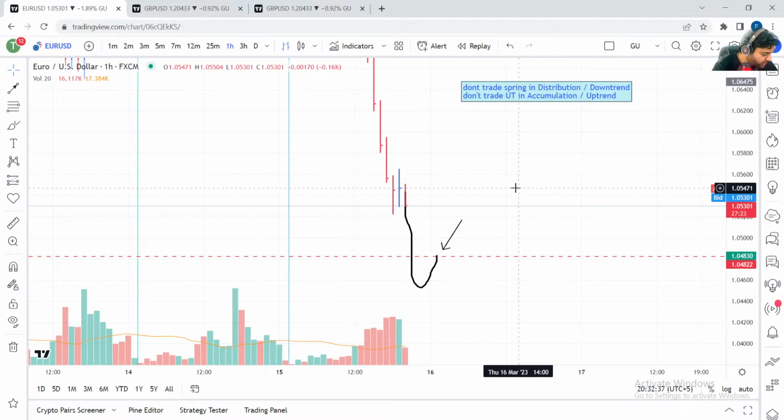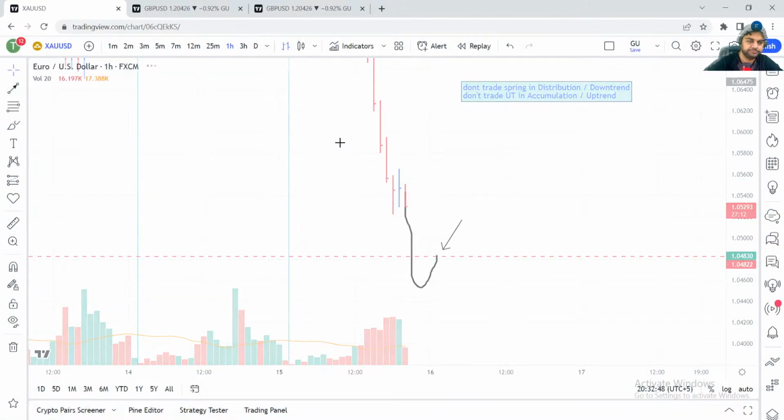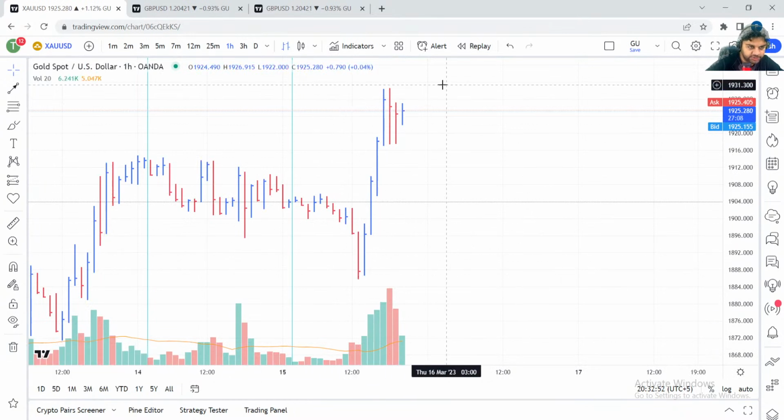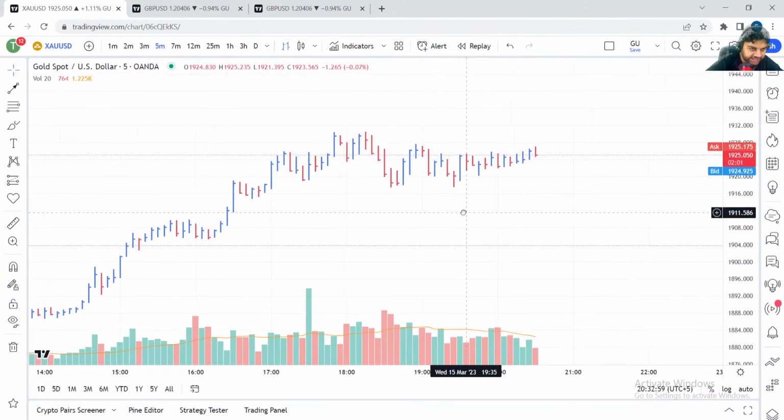So I think we are done with our recommendations as well. XAU USD 5 minute chart. I will remove everything. Since there is a huge uptrend, I will be looking for a buy trade, and I don't see any buy trade yet.